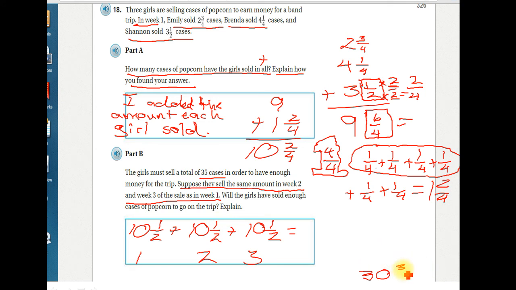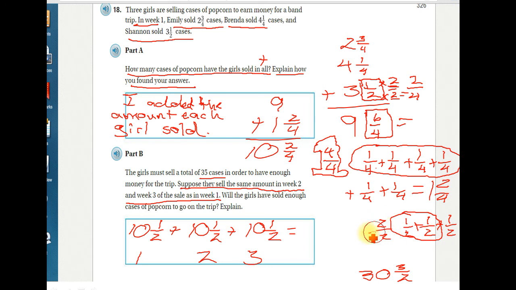That's 3 halves. And again, now we're just like we were up here where we have an improper fraction. So before we continue, we have to change this improper fraction back into a mixed number. So if I have 3 halves, I'm going to break it apart again. 1/2 plus 1/2 plus 1/2. Well, 2 halves, this part right here, 1/2 and 1/2, that's going to give me 2 halves.